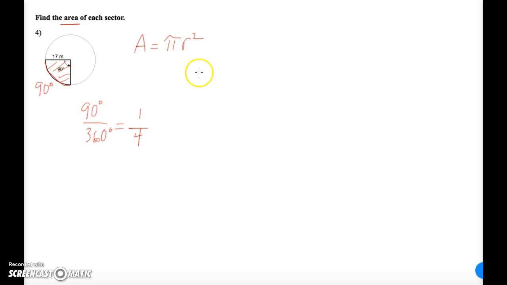So now we're looking at the area of the sector, and that's equal to 1/4 times our entire area, which is pi times radius squared.